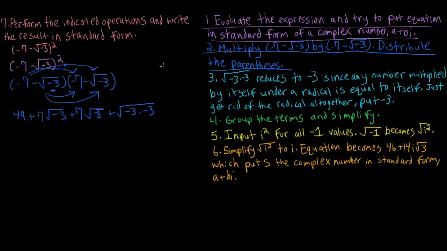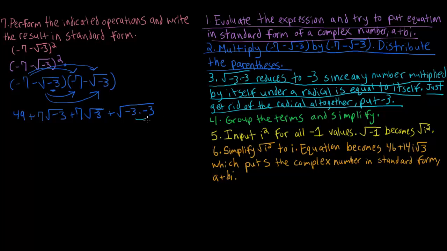Moving on to step 3. Square root of negative 3 times negative 3 reduces to negative 3 since any number multiplied by itself under a radical is equal to itself. Just get rid of the radical altogether. Just put negative 3. So this right here will simplify. So you end up with 49 plus 7 square root of negative 3 plus 7 square root of negative 3, and then just minus 3.